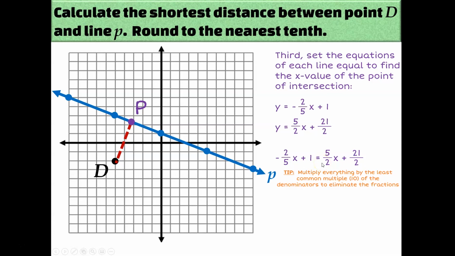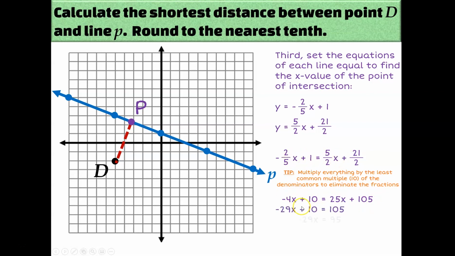So I'll multiply by the least common multiple, which is 10. If I multiply negative 2/5 by 10, I get negative 4. If I multiply 1 by 10, I obviously get 10. 5/2 times 10 is 25. And 21/2 times 10 is 105. This equation feels way easier to work with than this one.